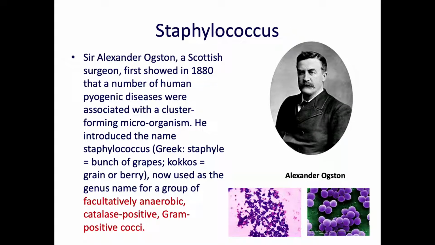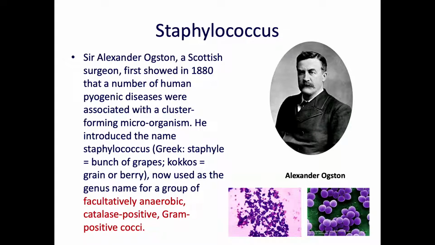So these Staphylococci are facultatively anaerobic bacteria. They are catalase positive and gram positive. So these are the characteristics that we should remember. You know very well already what this means. Facultatively anaerobic means that these bacteria can survive in anaerobic conditions.